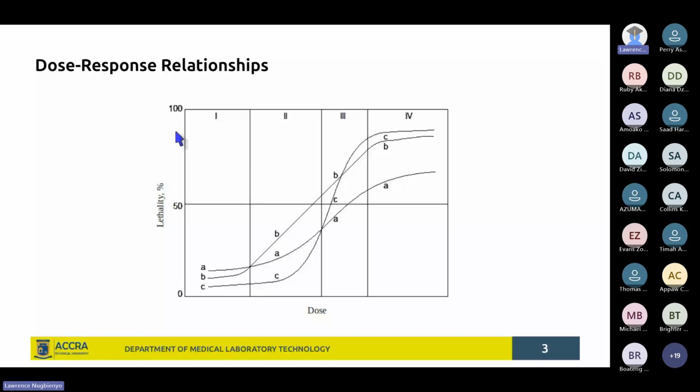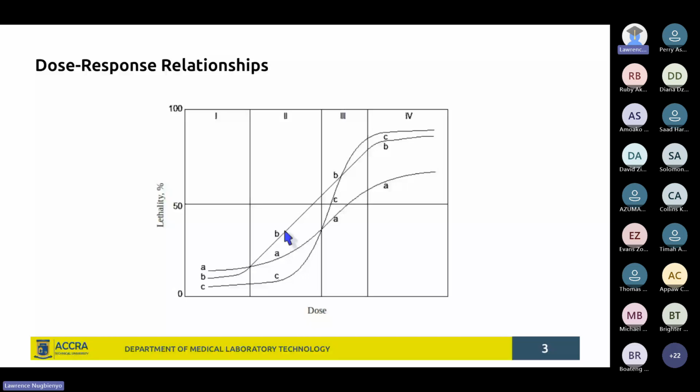You don't see just a straight line, where once the dose increases, the lethality also increases proportionally in that manner. Generally, you have these dose-response relationships being some sigmoid curve, as we are seeing, or maybe some parabolic curve. You see things like that.